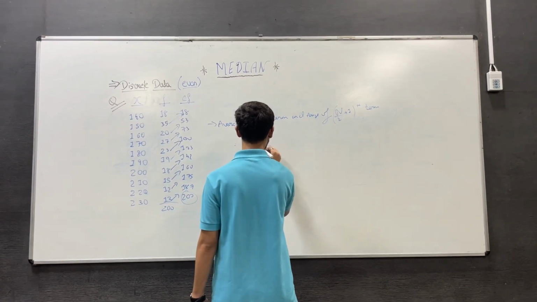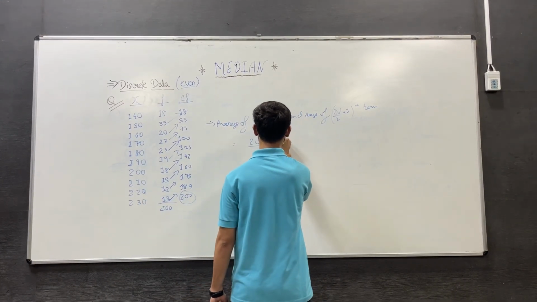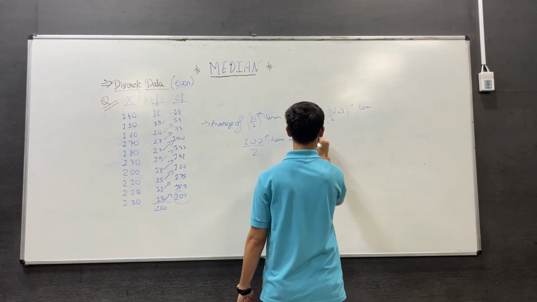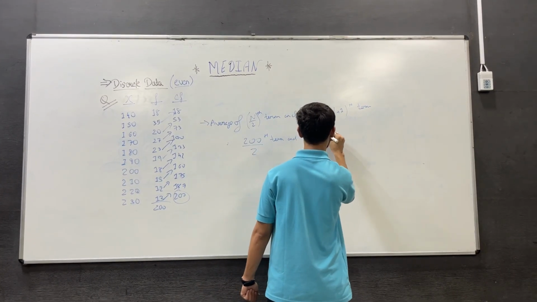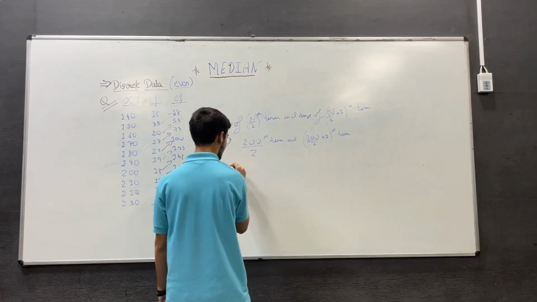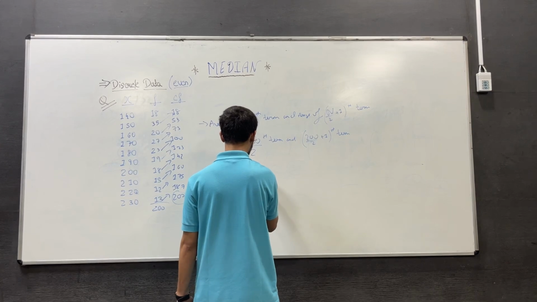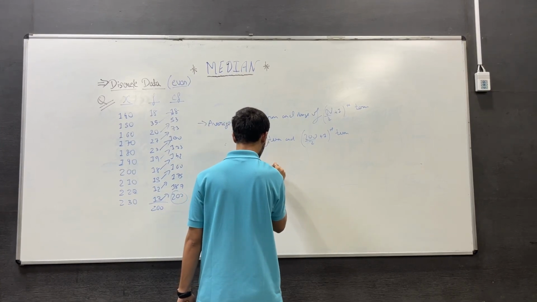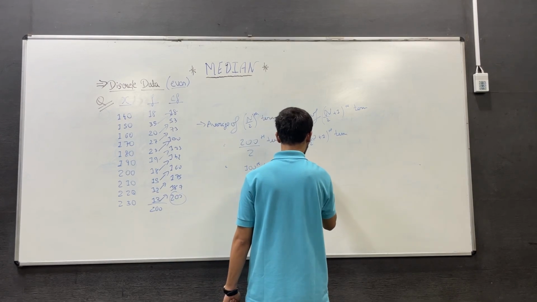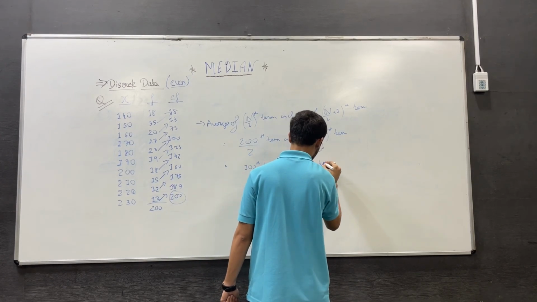So 200 by 2 th term and 200 by 2 plus 1 th term. Here the answer we will get is the 100th term and the 101st term.